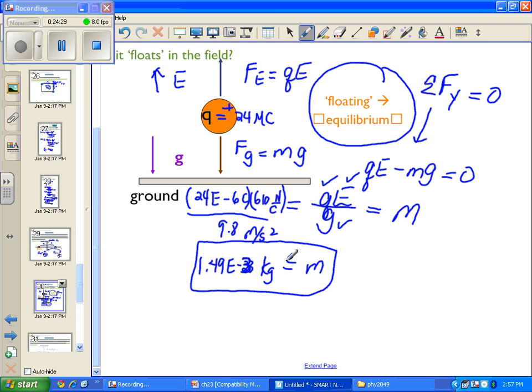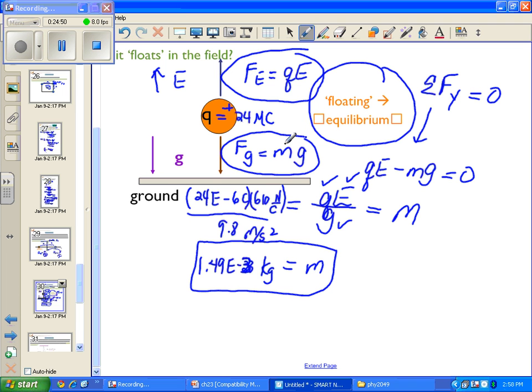So the question is this: what if this is a more massive charge, same quantity of Q, but a greater mass? What would happen to this charge? Well, because the force of gravity would be greater than the electric force, this charge would be experiencing an acceleration downward.